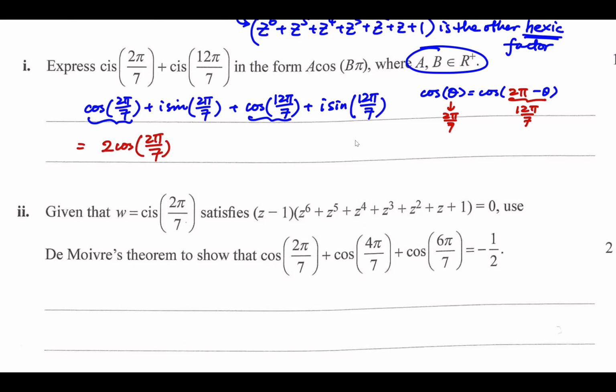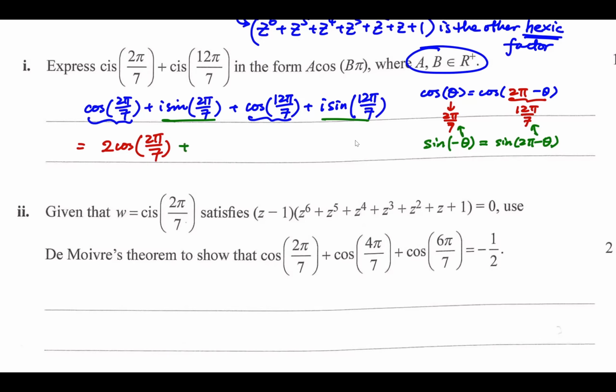And how about the sine term? Well, for the sine term, we have sine of negative theta equals, let's say, sine of 2 pi minus theta, okay? So what I'm doing here is doing some matching.